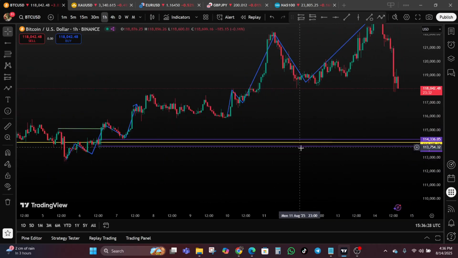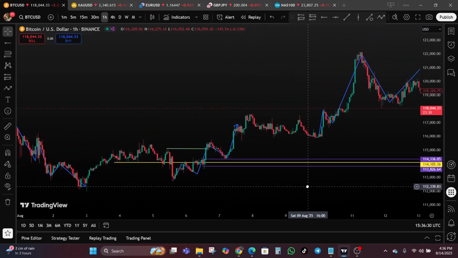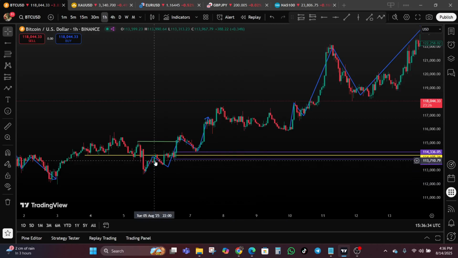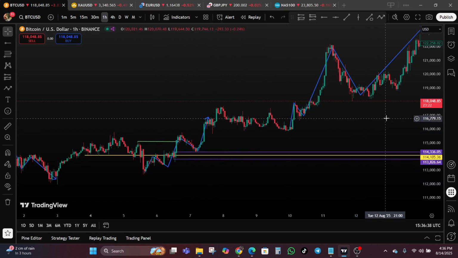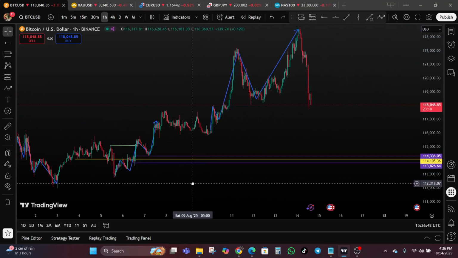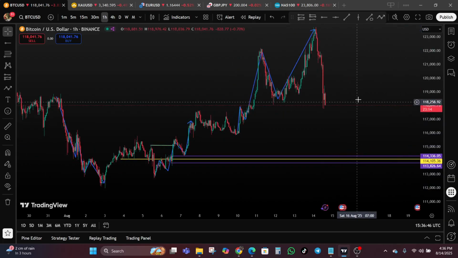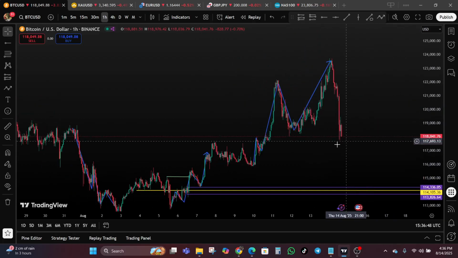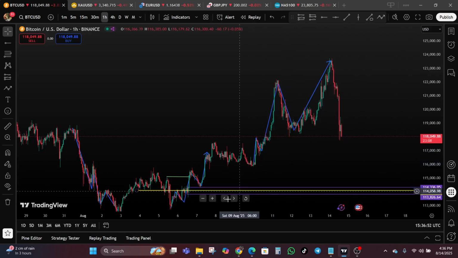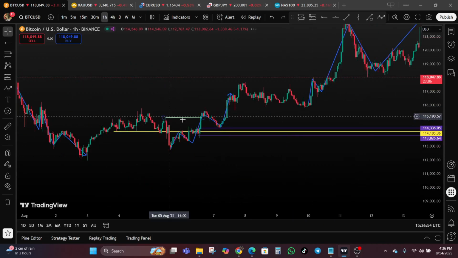Okay. Now for the entry triggers, they include a break of structure in your trade direction, just like this example that we looked at here.